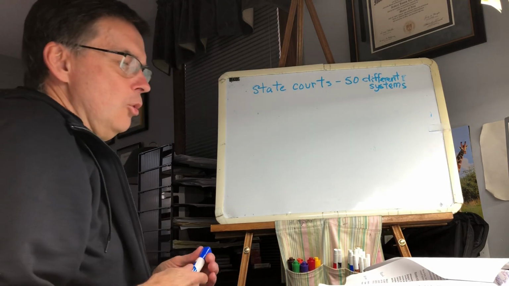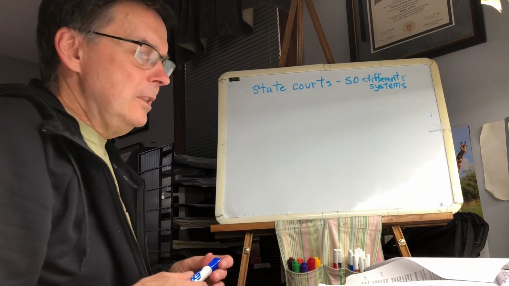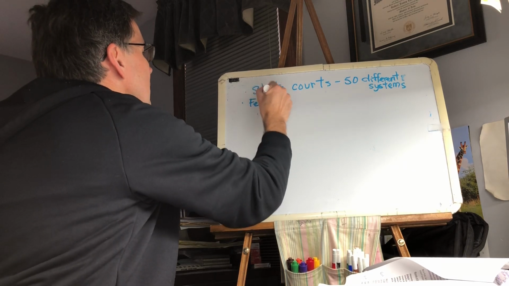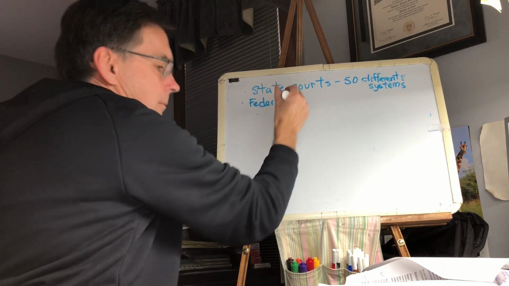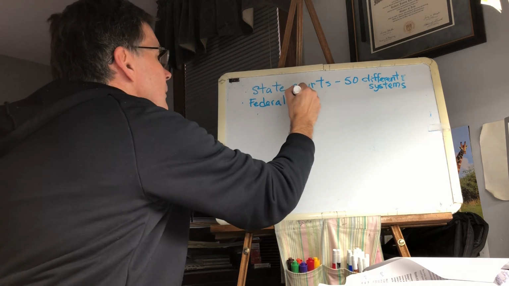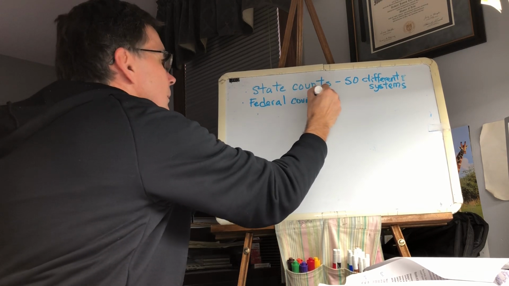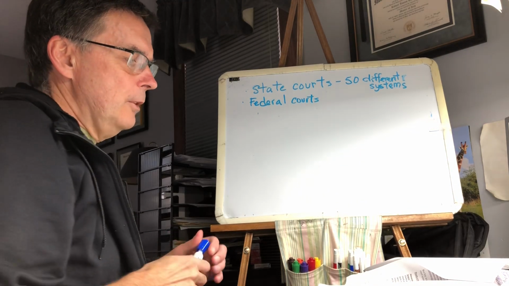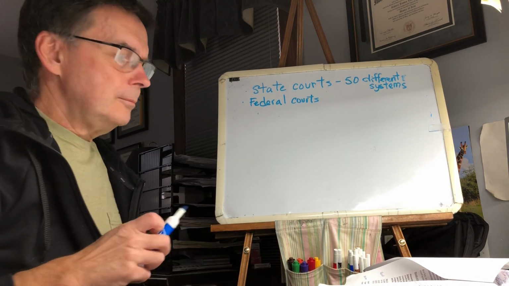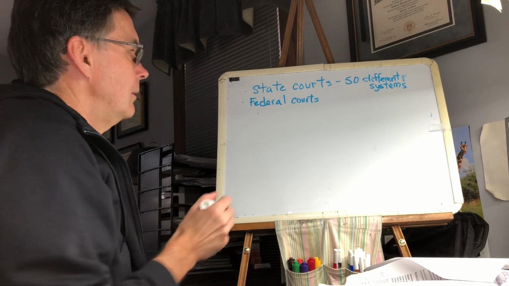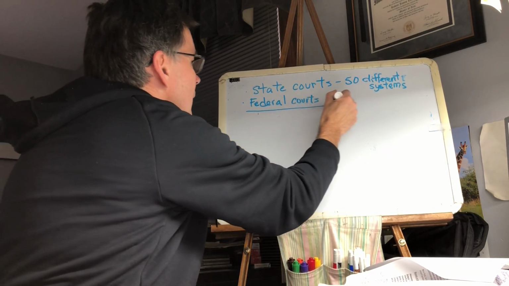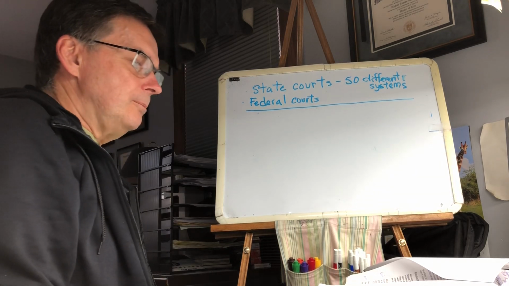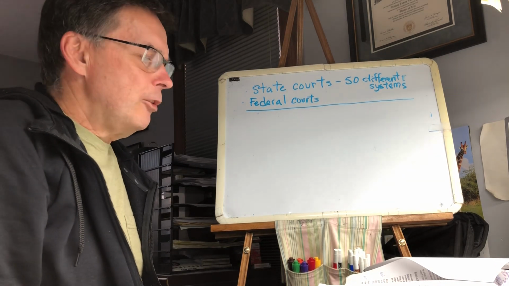So you have state courts, and there's 50 of them, 50 different systems. Then you have your federal courts. Now both systems have 3 tiers.